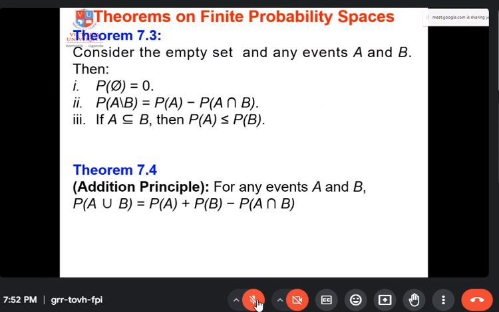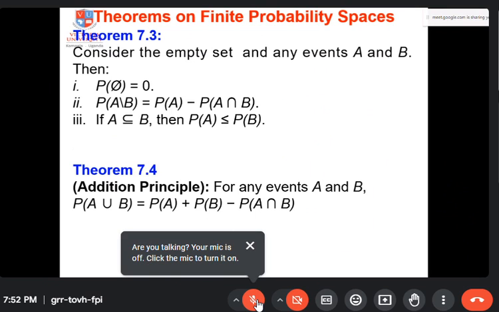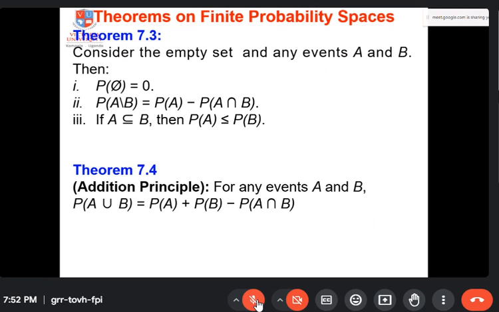I want you to note that theorem, especially theorem number 7.4 down there. It is very important that the probability of A union B is equal to the probability of A plus the probability of B subtract the probability of A intersection B. Remember, we said that if the events are mutually exclusive, A intersection B is 0.